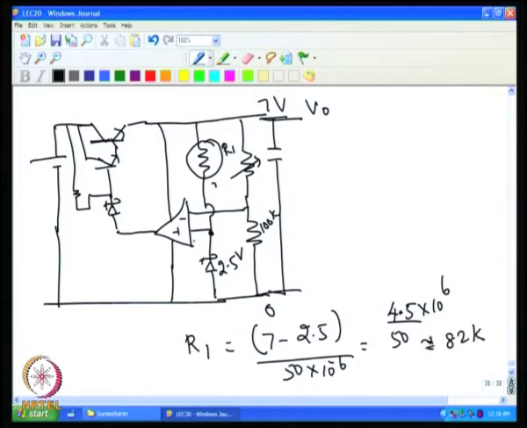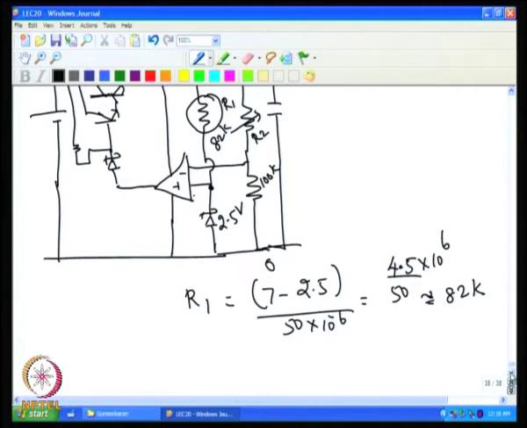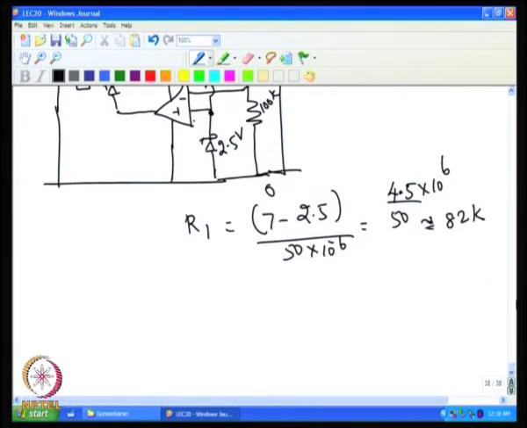So, we will have an 82 K resistance, so that the current drawn by this is limited to slightly more than 50 microamps, and then we can take this 100 K, and R2 can be selected such that the output is 7 volt. So, we can calculate the value of R2.